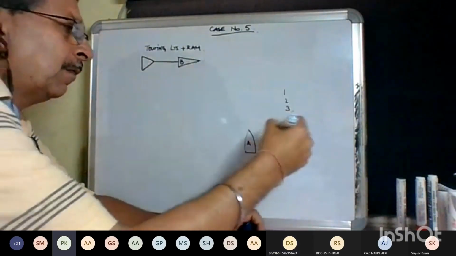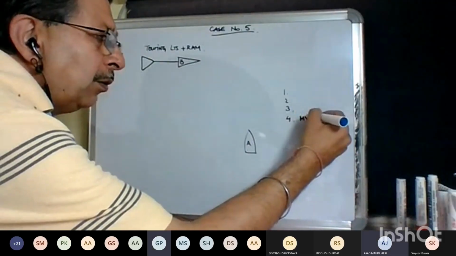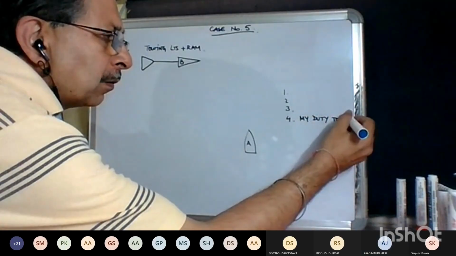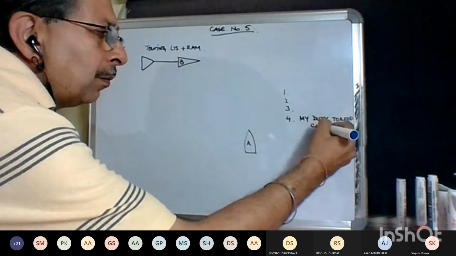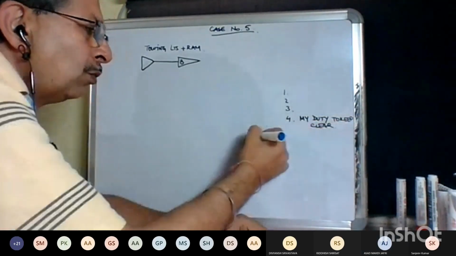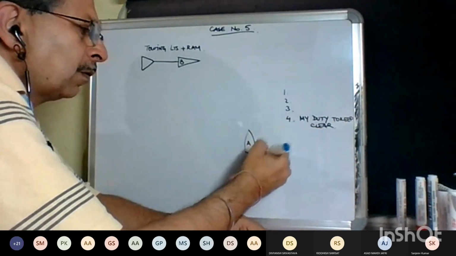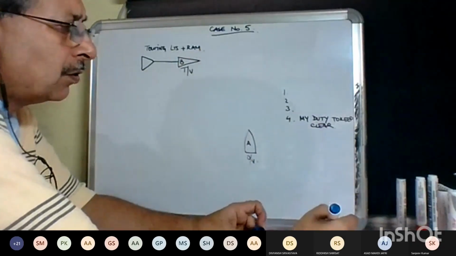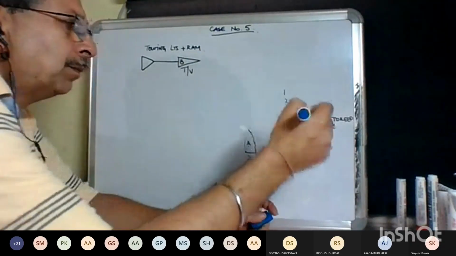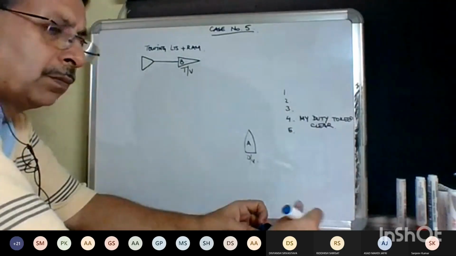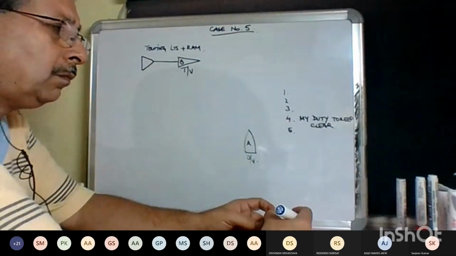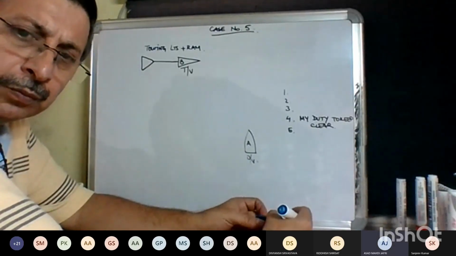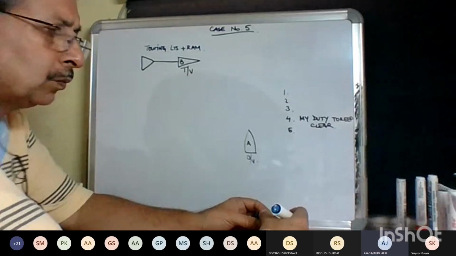Vessel A, sir. So my duty to keep clear. This is my own vessel. This is target vessel. So, what action would you like to do? We can alter to port and starboard according to rule number 18.